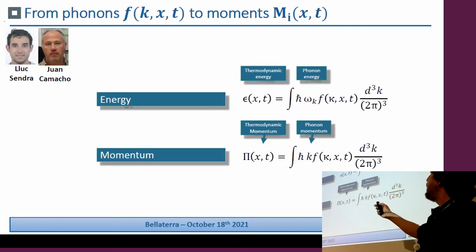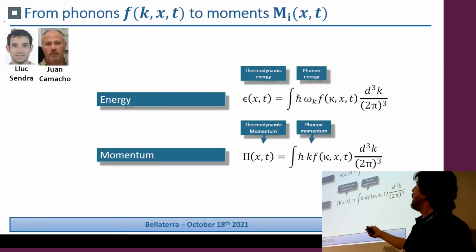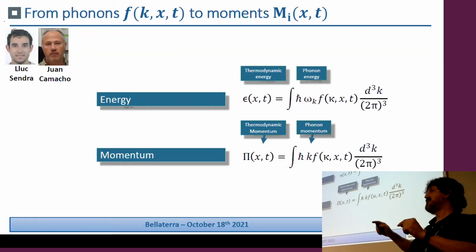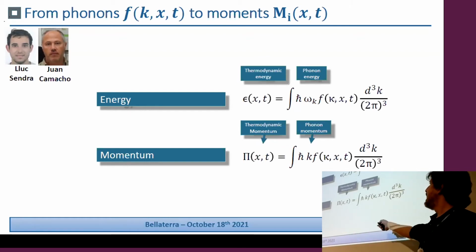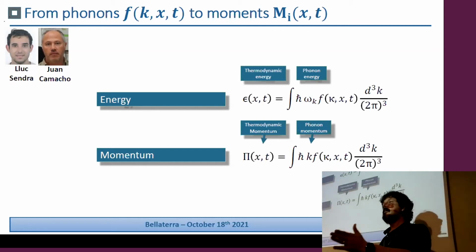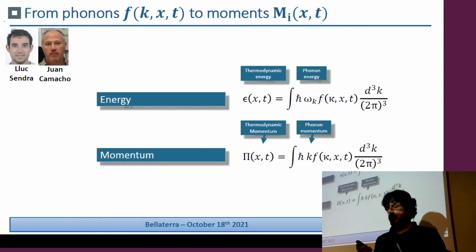You can have energy projections, so energy integrated moments like this, the mean energy, or momentum integrated moments like this one, that is the thermodynamic momentum. It's the integral of the momentum of each phonon.